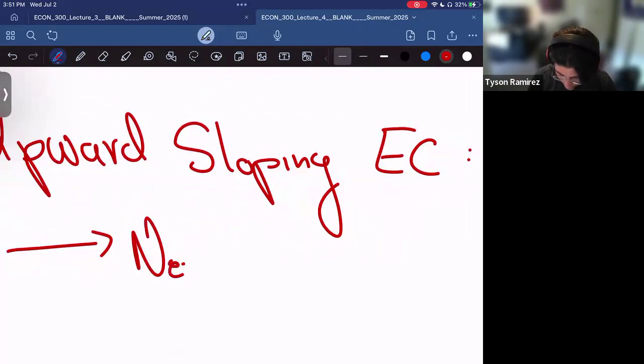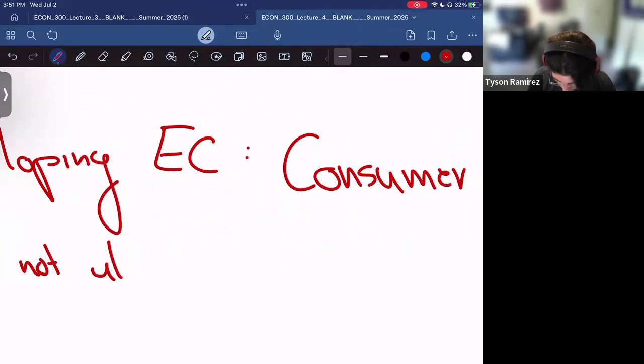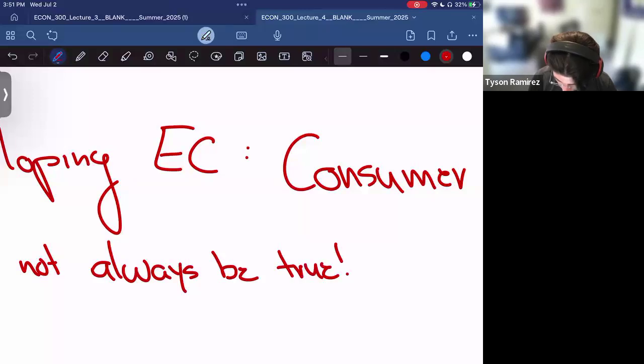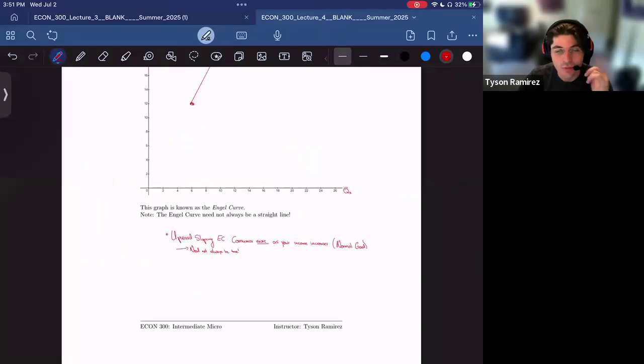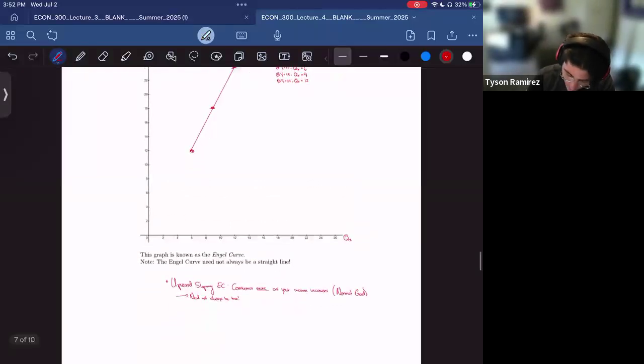But this need not always be true. All right. So that's what's known as the Engel curve. Okay. Very good.